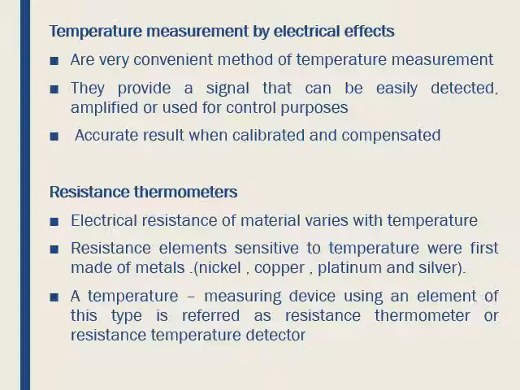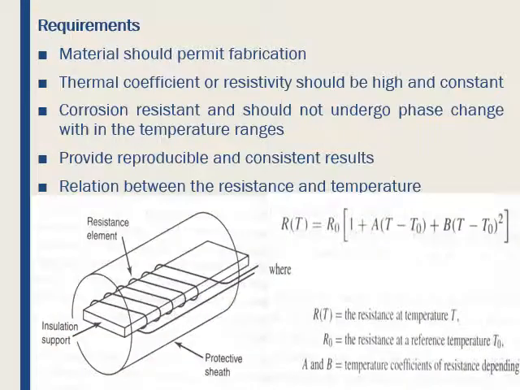A temperature measuring device using an element of this type is referred to as a resistance thermometer or resistance temperature detector. They are sensors used to measure temperature by correlating the resistance of the RTD element with the temperature. The change in temperature is detected by the change in the resistance of the wire.